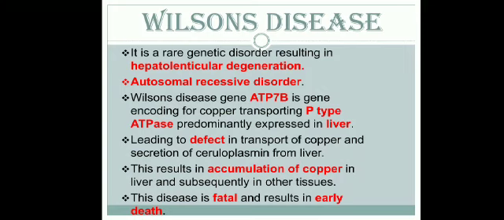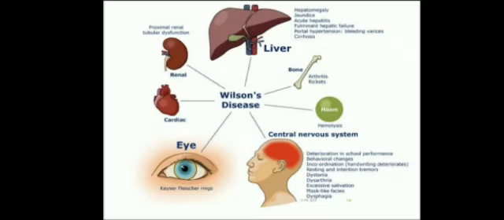This gene gets mutated, leading to defect in the transport of copper as well as in the secretion of ceruloplasmin from liver. This results in accumulation of copper in liver and in other peripheral tissues of our body. This disease is very fatal unlike others and results in early death of the individual.